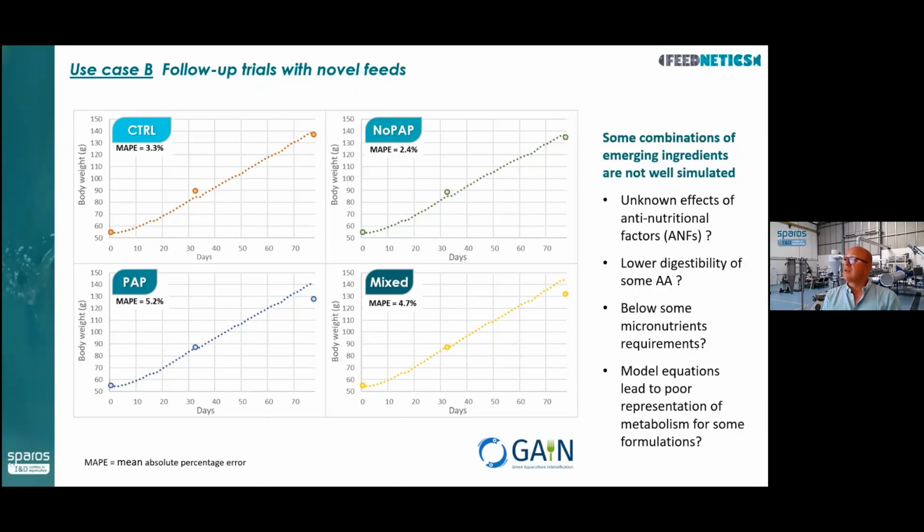What we could conclude from these simulations and from the deviations compared to the zootechnical trial is that probably for the two formulations that you see in the lower panels, the PAP and the mixed, we may have faced an unknown effect due to nutritional factors. We didn't know of any, but we cannot exclude that possibility.